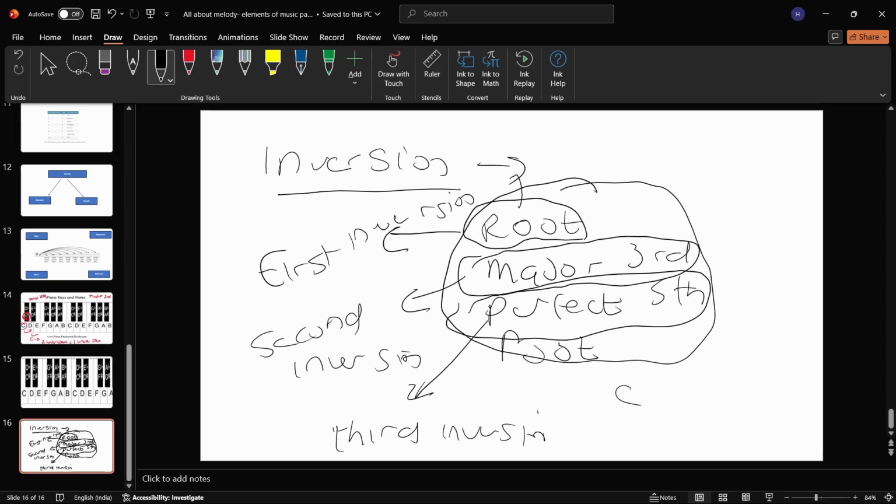So if we're doing C, E, G, it would be E, G, C, and G, E, C as examples. That's inversion for you.